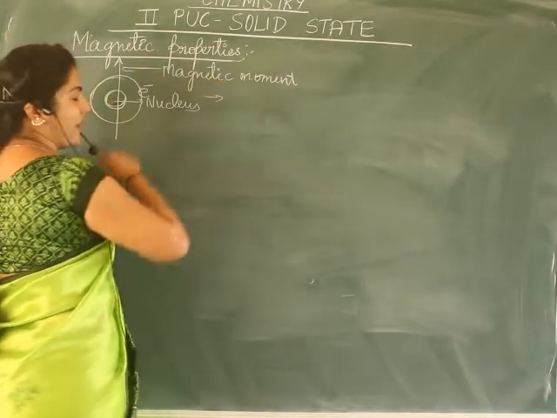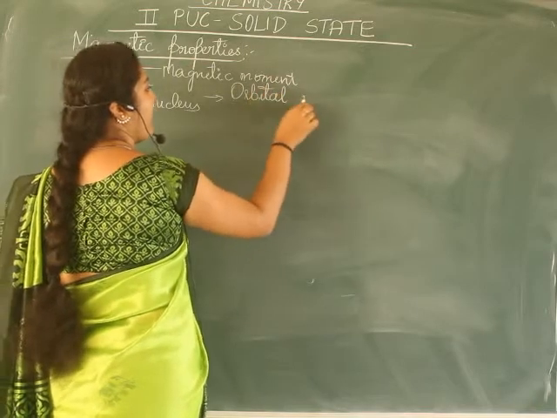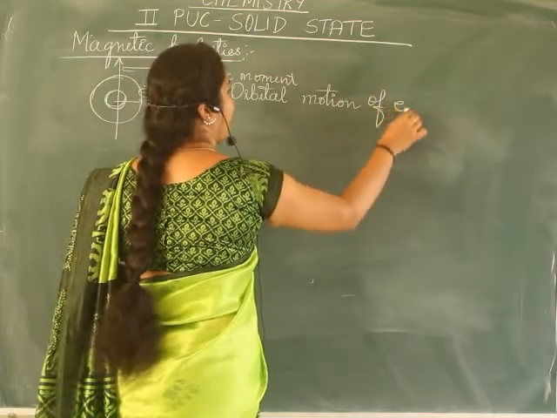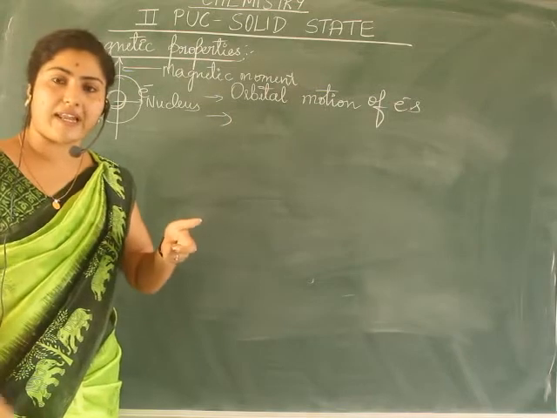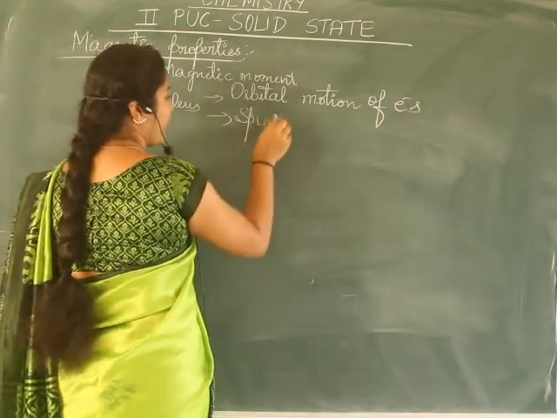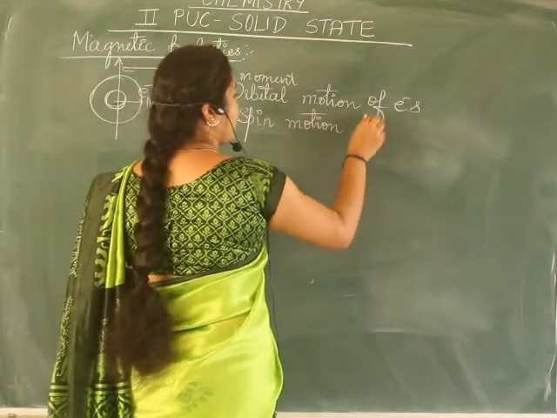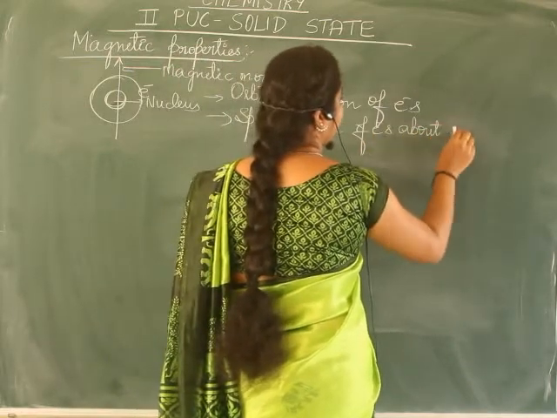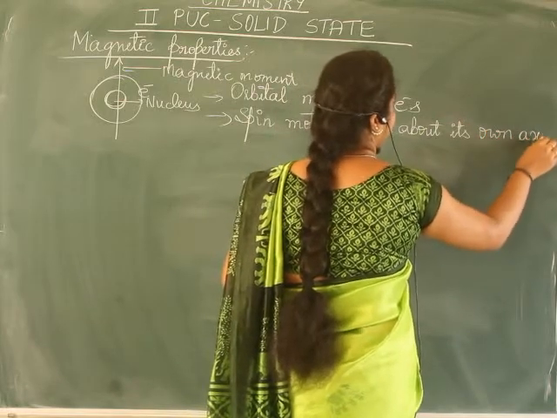The reasons for magnetic moment are: one is the orbital motion of electrons, and the other is the spin motion, or spinning, of electrons about their own axis.